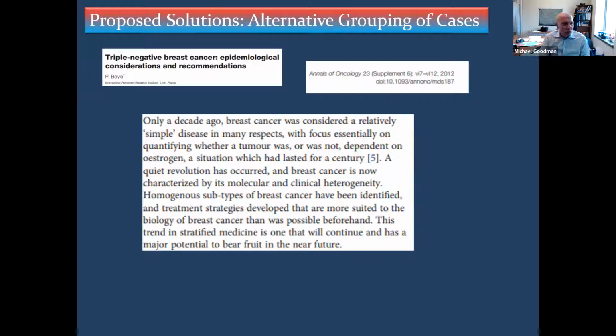For example, we know that alcohol is a risk factor for breast cancer. I think that there's no controversy there. But if you focus specifically on triple negative breast cancer, it does not seem that alcohol plays the same role as it does for the majority of the cancers.